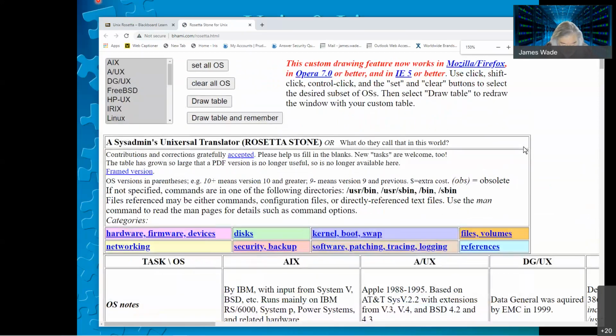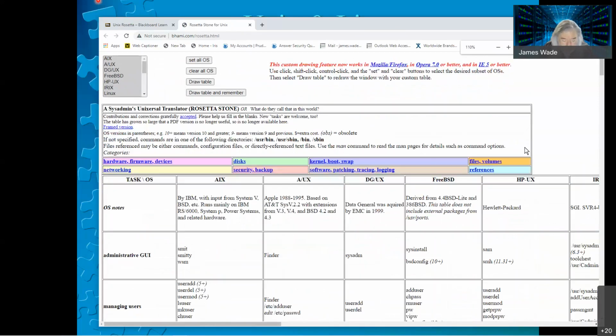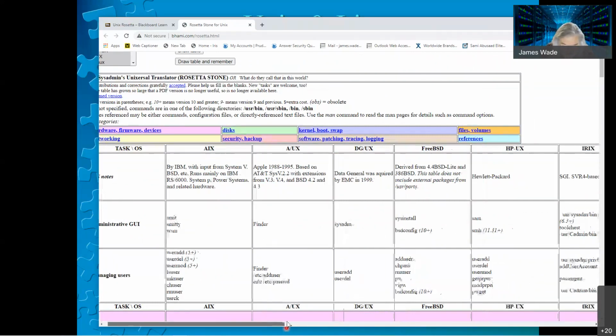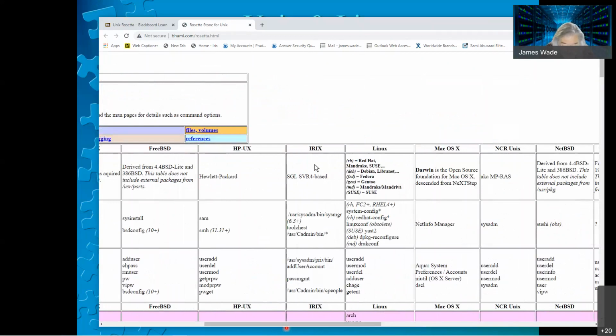There we go. This is put together by a person, because there were all these different flavors of Unix. See, look at this: AIX, IRIX, Linux, Mac OS, HP-UX. Okay, it's in there. I'm going to pop this into the chat session.